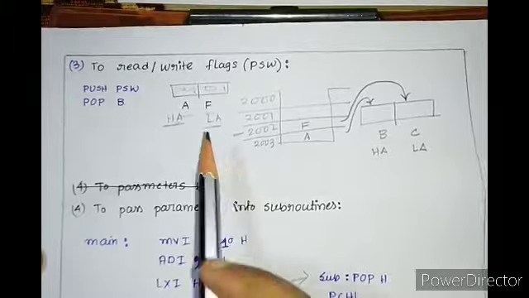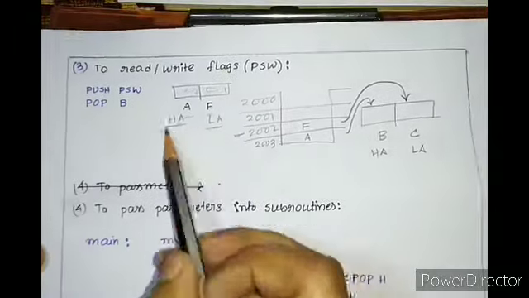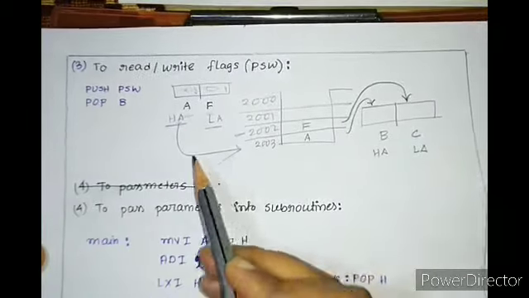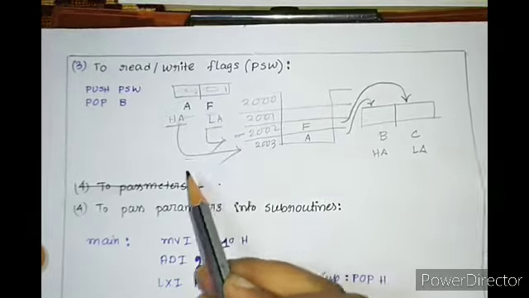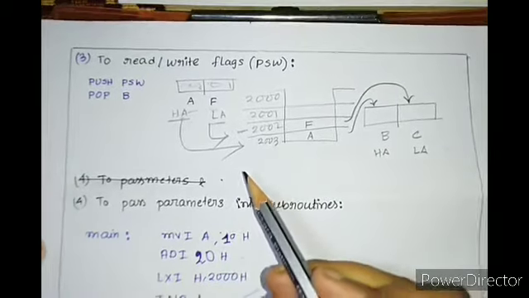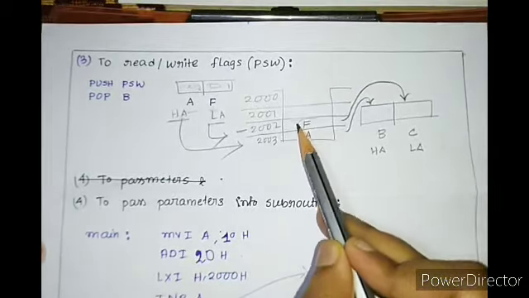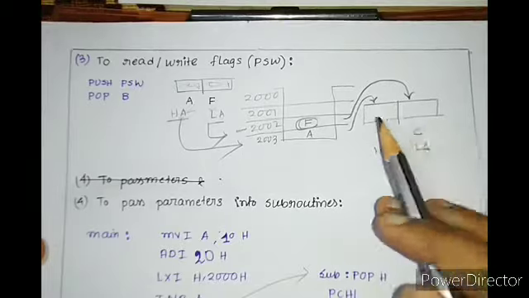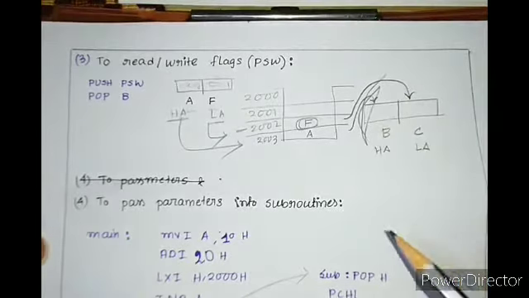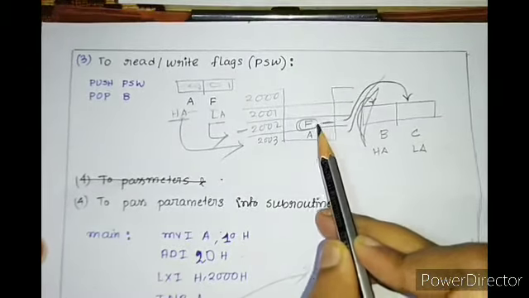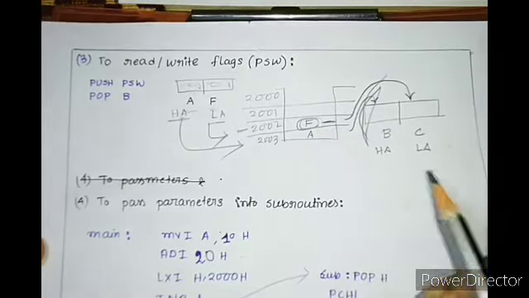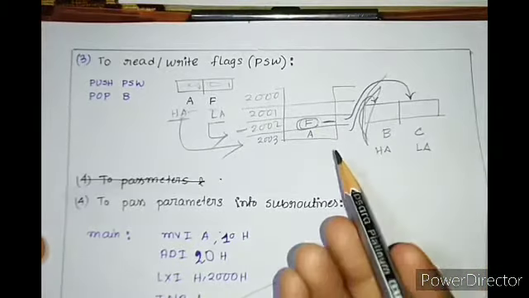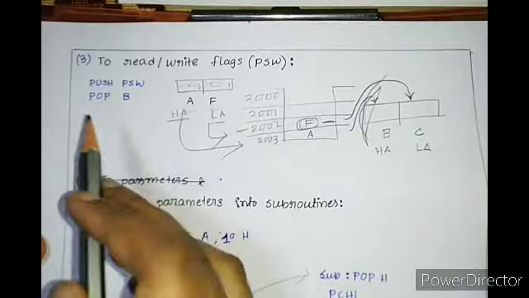A will get stored at 2003, F will get stored at 2002. Now I want the data stored in the flag register in B. I told you to get this value of F in the B register, so first let me get this data out.